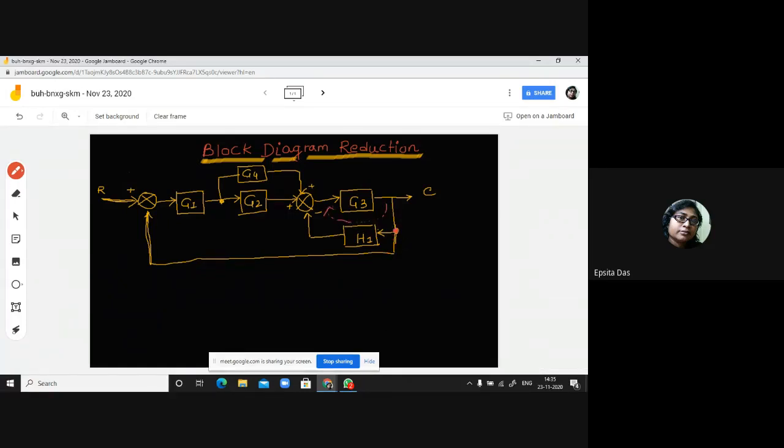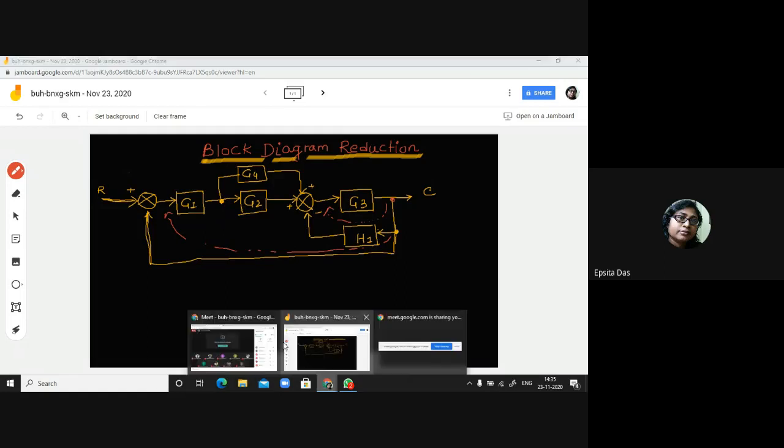And another is from this takeaway point, and the branching is from this way to this way. So this is another feedback path. And if there are signals, we have to consider how the signals are flowing, and as per that we have to use our rules.